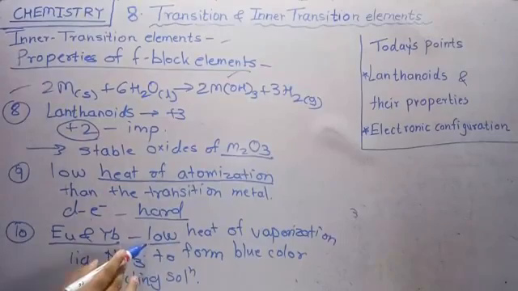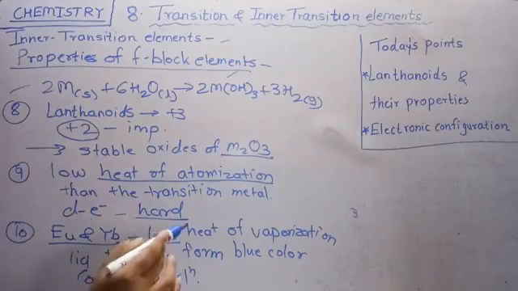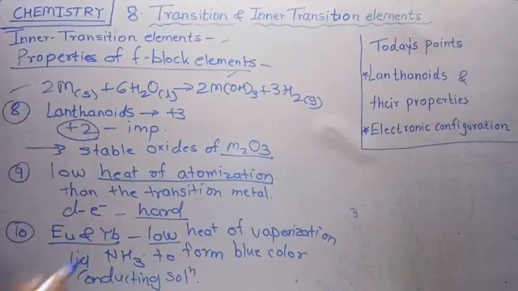Due to this property, europium and ytterbium, having low heat of vaporization, are similar to the alkaline earth metals. Like the alkaline earth metals, these two elements also dissolve in liquid ammonia to form the blue colored conducting solution.